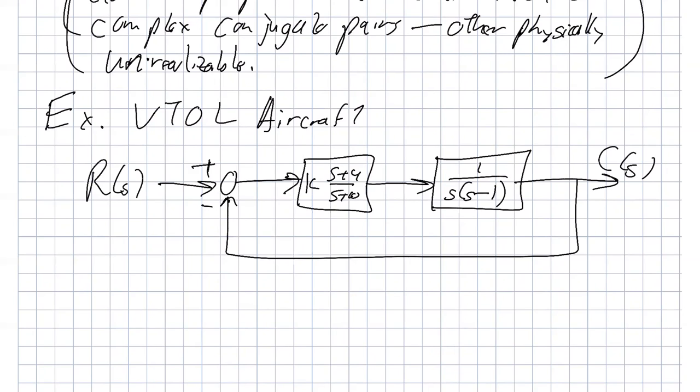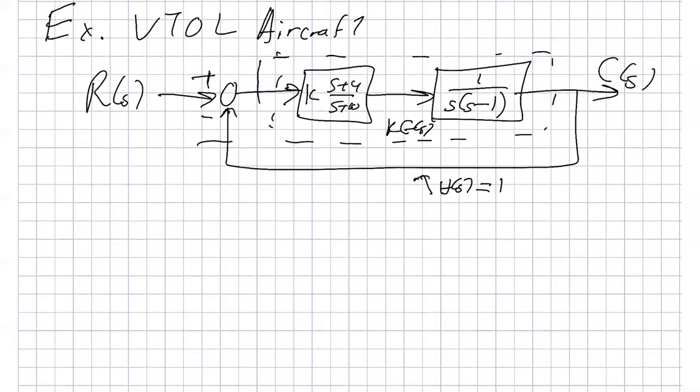All right, so remember, we're going to look at the open loop. For our purposes, we can view this block as K G of s, and H of s is 1, right? There's nothing in the feedback path.